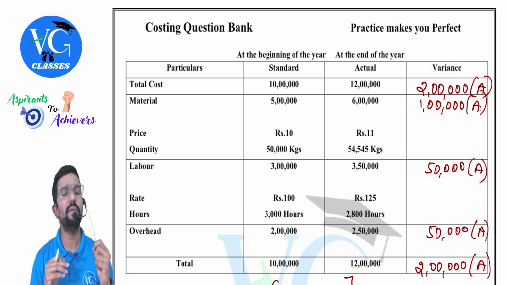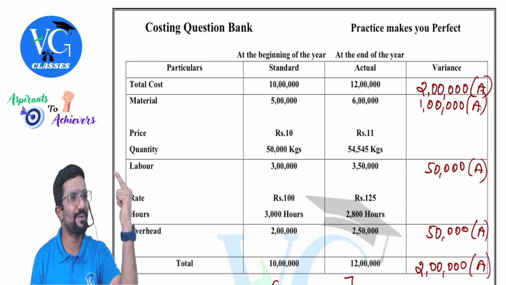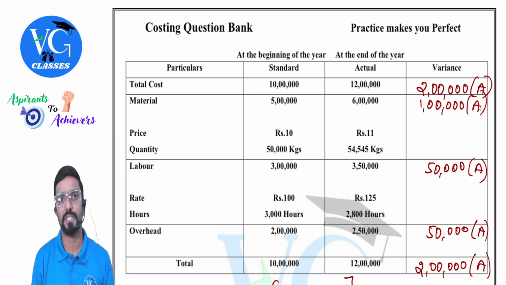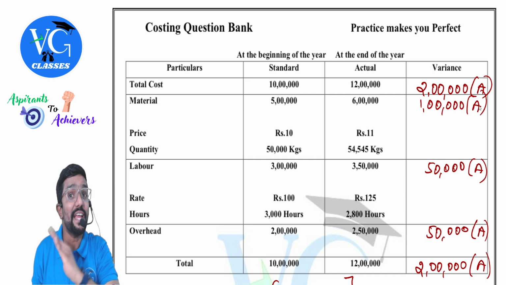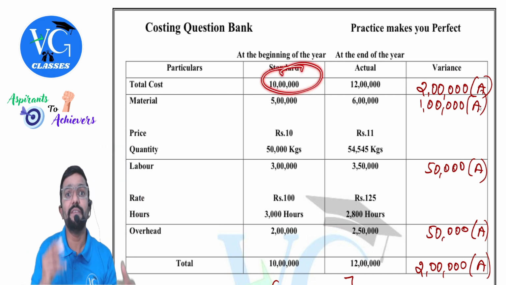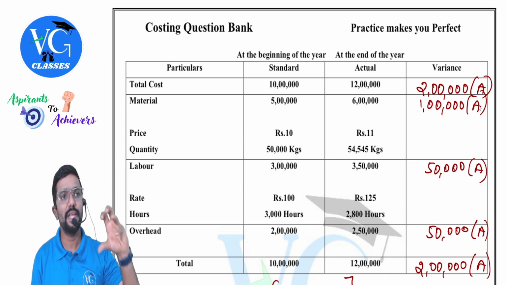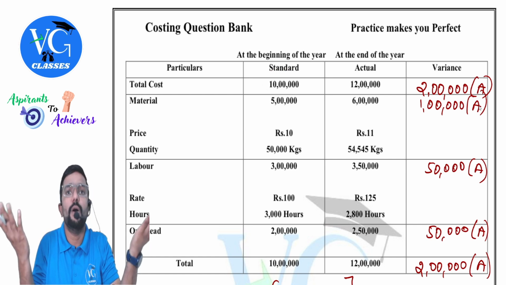Guys, this 2 lakh will be mainly because of three reasons. Either you have incurred material cost more, labor cost more, or overhead cost more. So now, if I just tell 2 lakh extra, it won't be feasible. I need to tell why extra, for what reason. Clear? So even this 10 lakh has to be given a breakup element wise. When they have told 10 lakh, you have to say how much for material, how much for labor, how much for overhead.